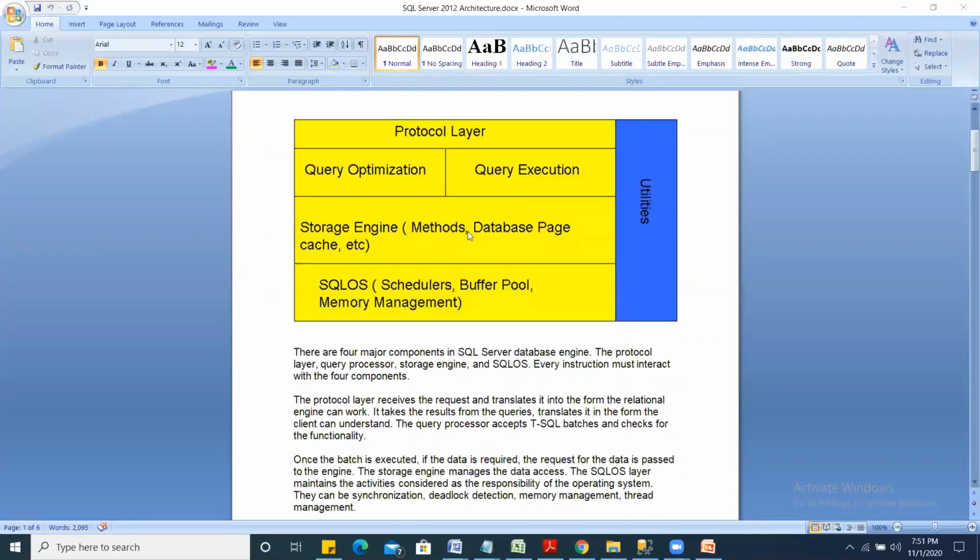There are many responsibilities of a storage engine, but mainly it is responsible for providing access methods so that data from tables can be accessed, right? Three access methods a storage engine provides, that I discussed yesterday too: one is table scan, another is index scan, and third is index seek.